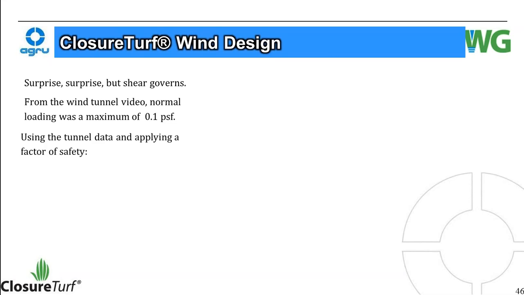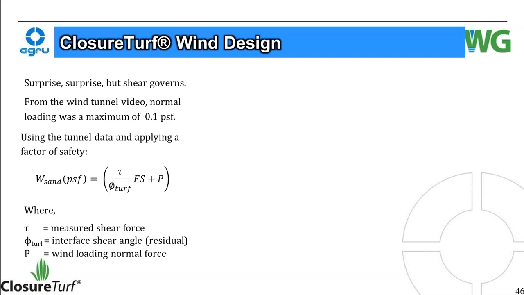But using the wind tunnel data for shear and uplift and applying a factor of safety, we can determine the weight of sand required to hold the whole system in place, where tau is the measured shear force from the wind tunnel, phi sub turf is the interface shear angle residual between the turf and the IDS studs, and then P is the wind loading normal force.